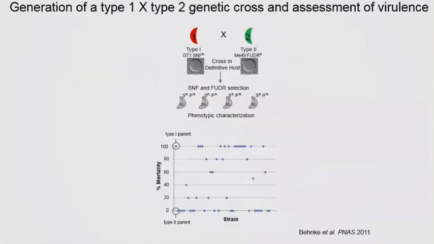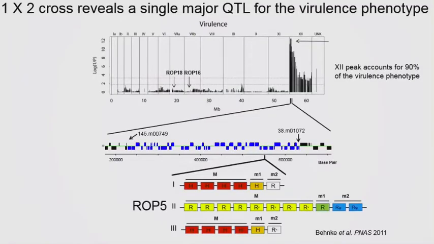Then we also did this with a 1x2 cross, looked at the progeny and the phenotype, mapped this to chromosome 12, got a big locus here, and found that there was one gene here with a copy number variation difference. And this was Rhop5. Rhop5 had 11 copies in type 2 and only about 5 or 6 in type 1. And really, it's the allelic structure of these genes that results in the phenotypic differences.